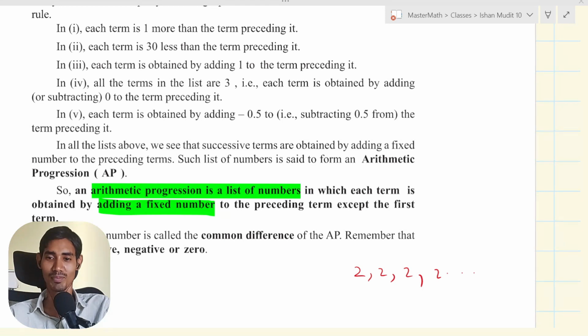Mohita, no? Okay. So that's what I said, it is the interesting part, you missed it. The common difference could be 0 also. The difference of consecutive terms here is 0, right? 2 minus 2 is 0 all throughout. So we can have the difference as positive, negative, or 0.